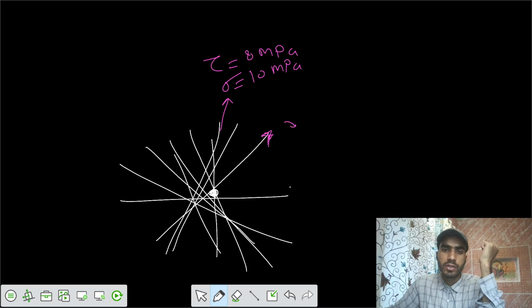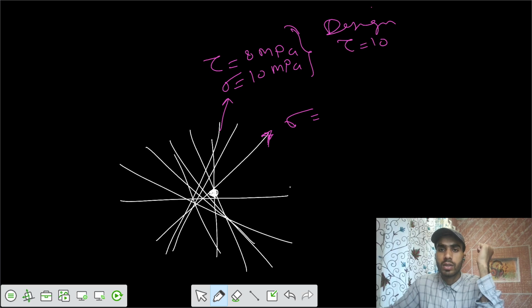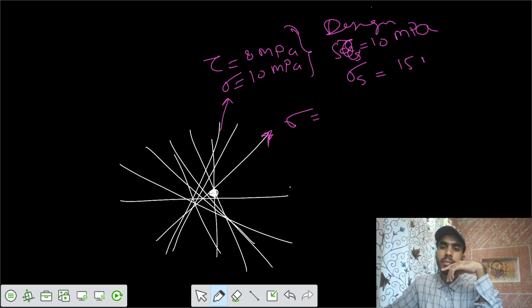From this study you say let's design the material for a shear strength tau of 10 megapascal, and for the normal stresses, a strength sigma equal to, let's take, 15 megapascal.